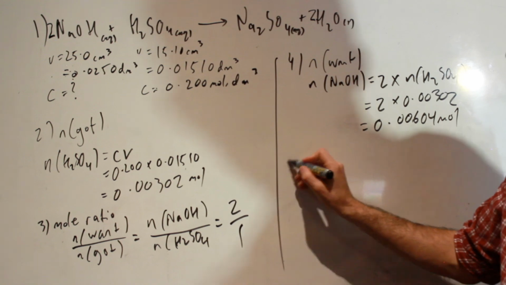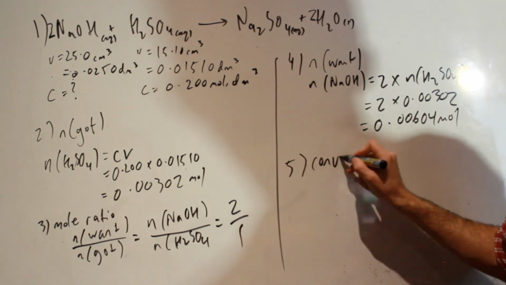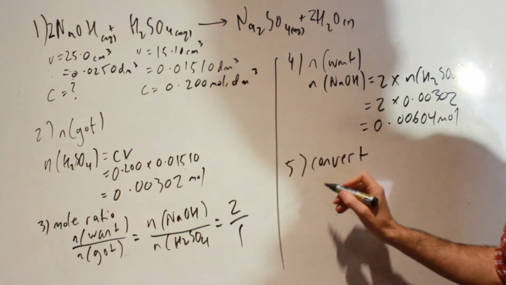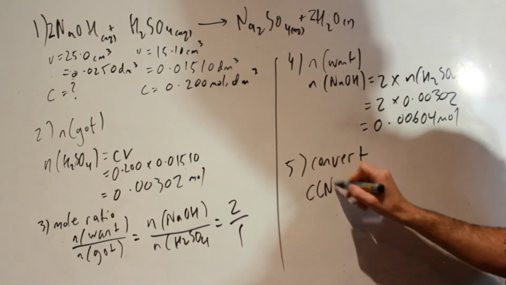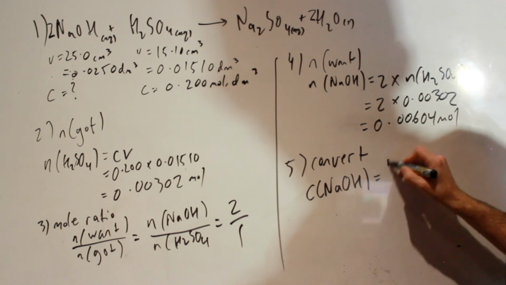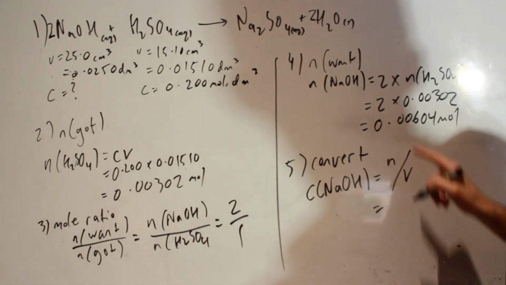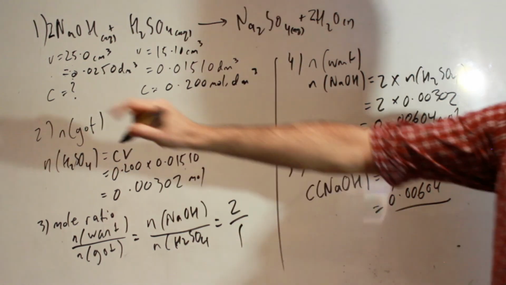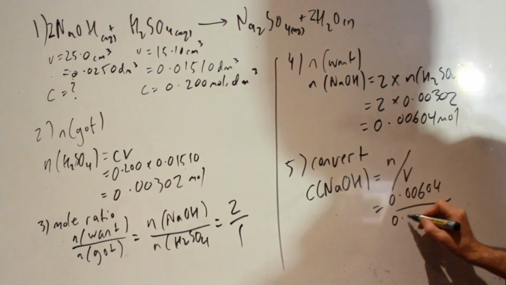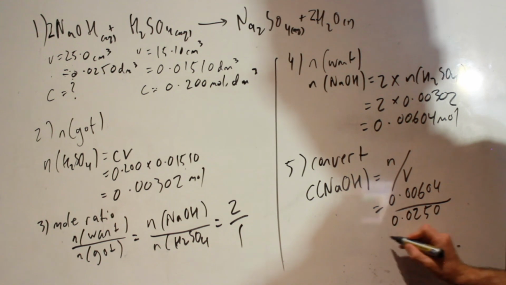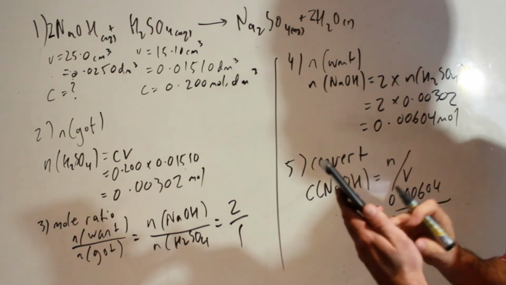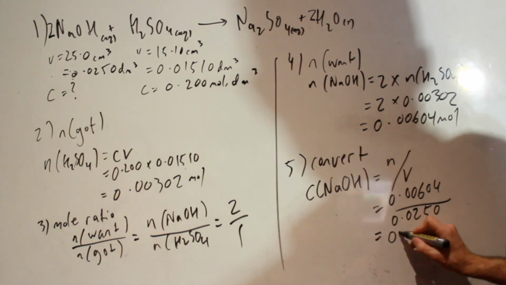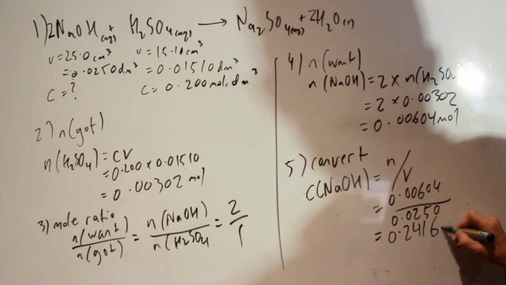And then finally, we convert into the units that we want. It asked us for the concentration of sodium hydroxide. So the concentration of sodium hydroxide is equal to N divided by V. We're given the number of moles of 0.00604. Divide that by the volume, 0.0250. That's going to equal 0.2416 moles per decimeter cubed.